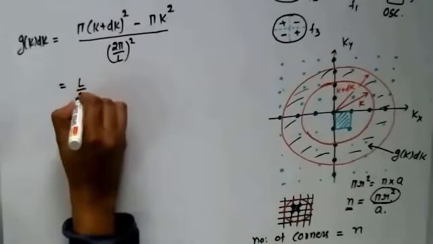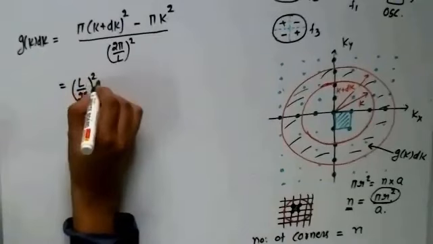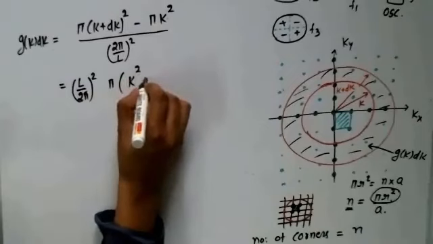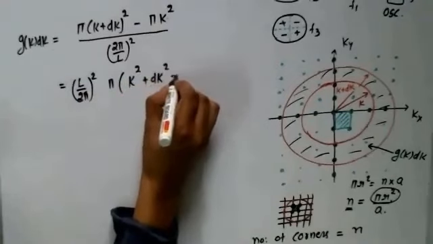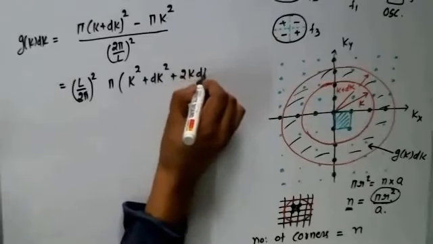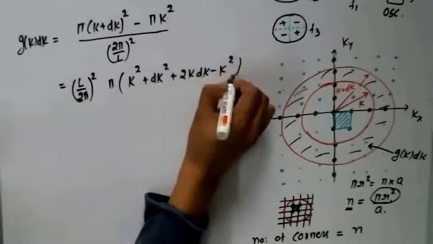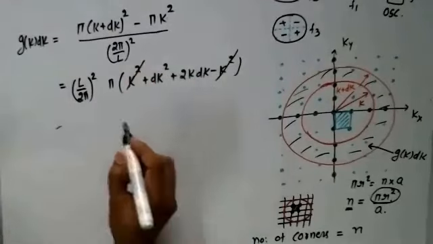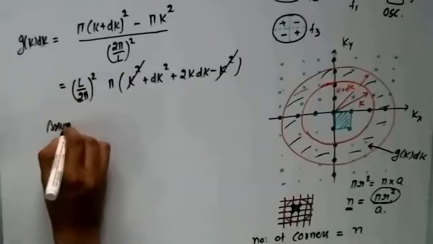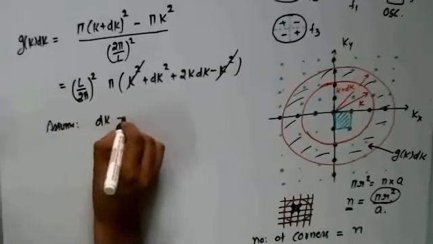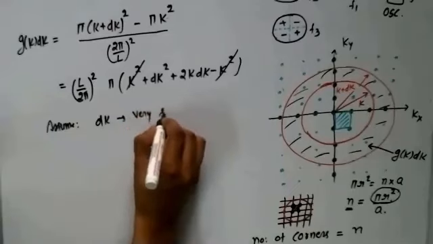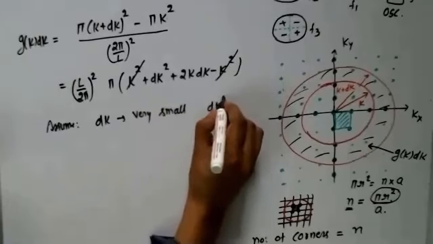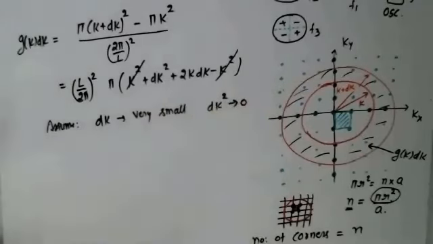Now you can solve this equation. So this becomes (L upon 2 pi) whole square, and here pi you can take common, and this is going to be k square plus dk square plus twice k dk minus k square. Now this k square and k square cancel out, and you make the assumption here: आप assume कर लो कि dk is very small. So if dk is very small, then of course dk square almost goes to 0.